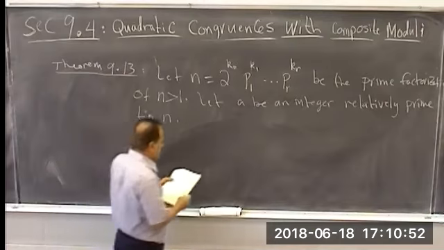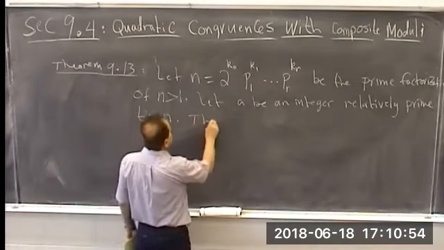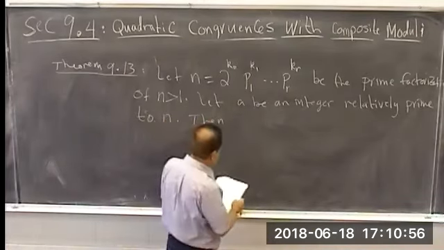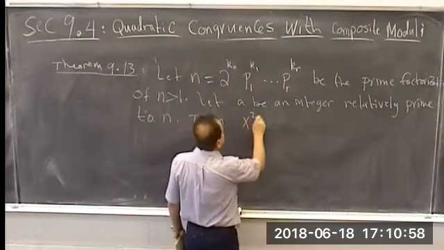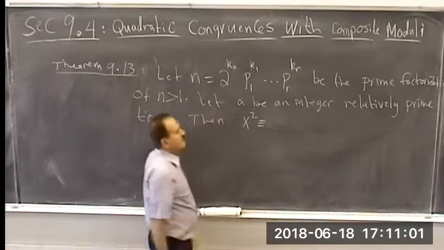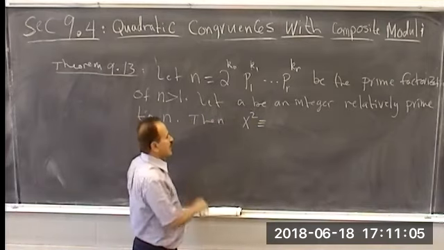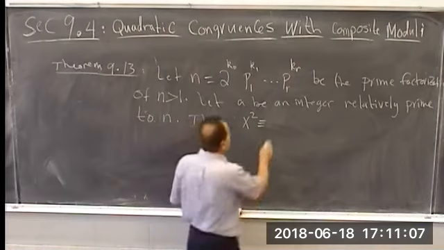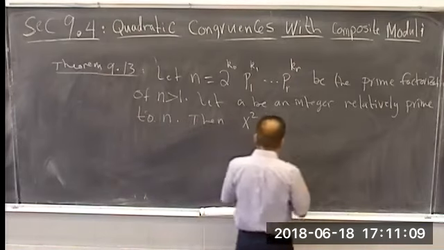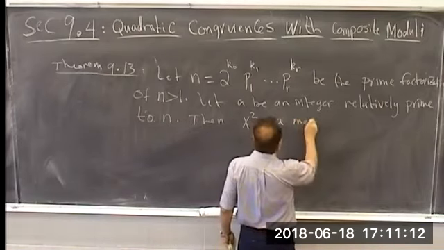Then x squared congruent to a mod n. Now we have a sufficient condition in here in terms of the Legendre symbol. Mod n.